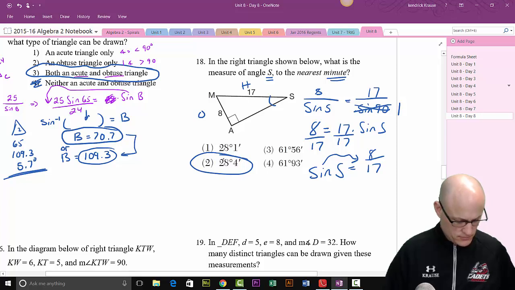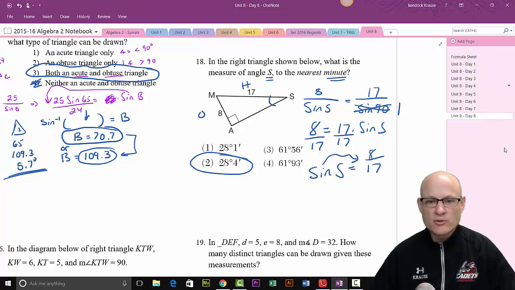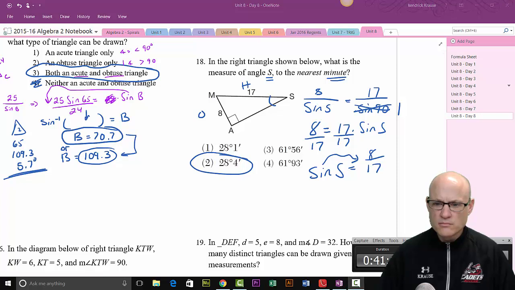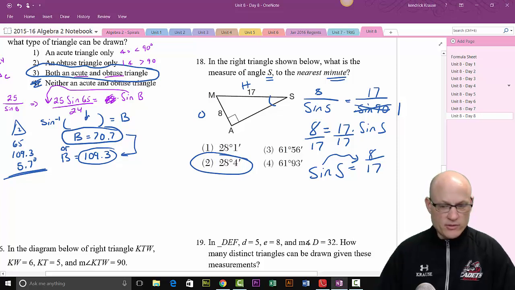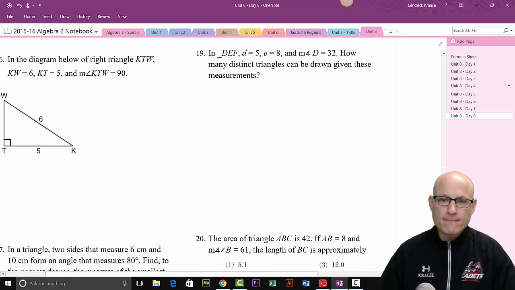All right, the next problem I'm doing is 21. All right, 21 is really 19. So we'll draw a quick little triangle.